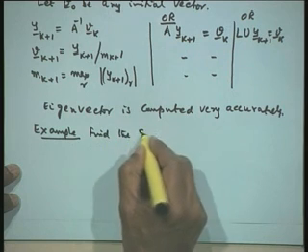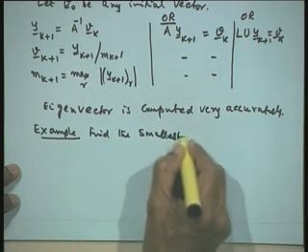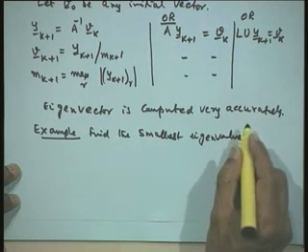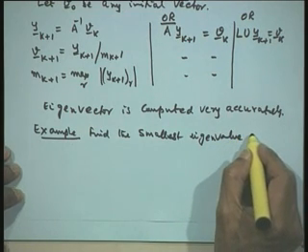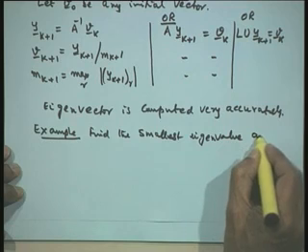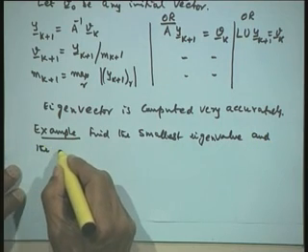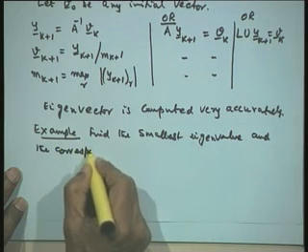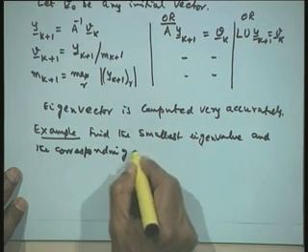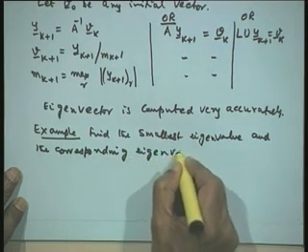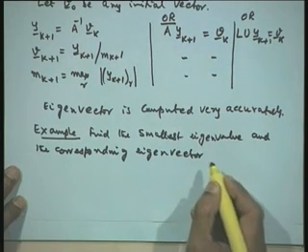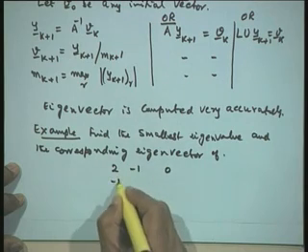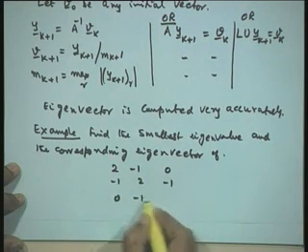Find the smallest eigenvalue and the corresponding eigenvector of the matrix 2 minus 1 0, minus 1 2 minus 1, 0 minus 1 2.